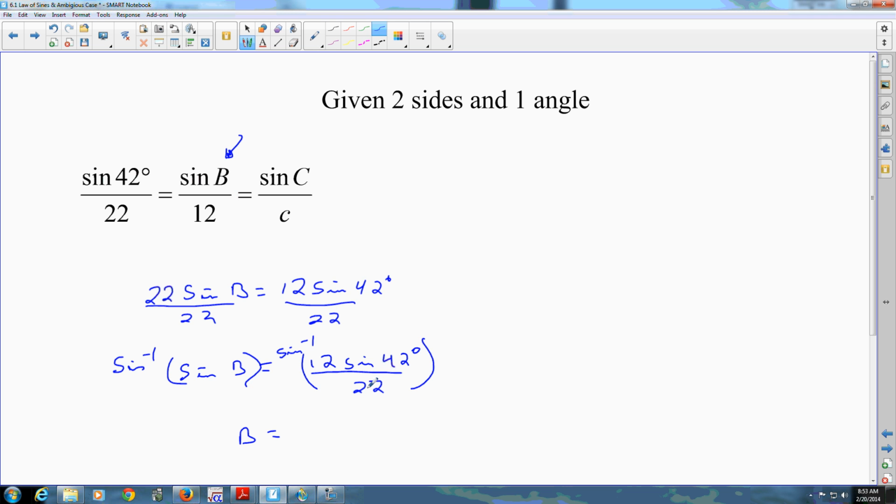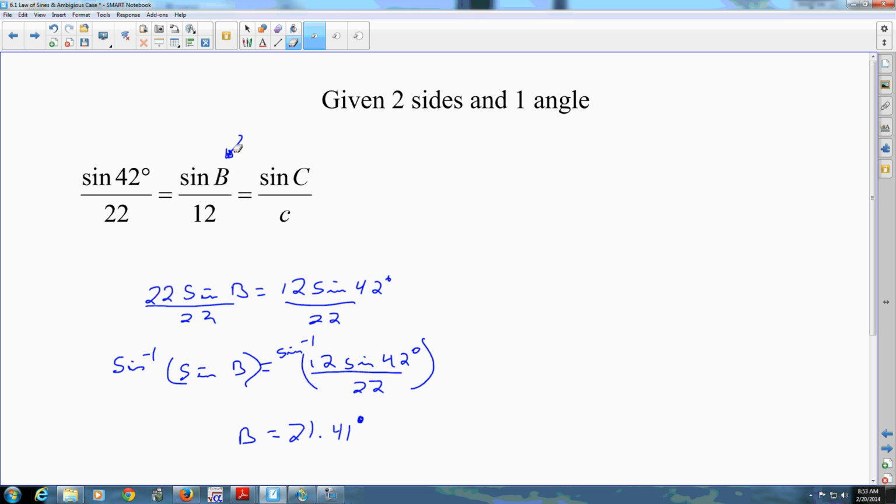Don't figure out the center part and then go inverse sine. Just type it in as you see it. So inverse sine forces the paren, 12 sine 42. Be sure and close that parenthesis. Divide by 22. Close it all. And then enter. And you get B is about 21.41 degrees.